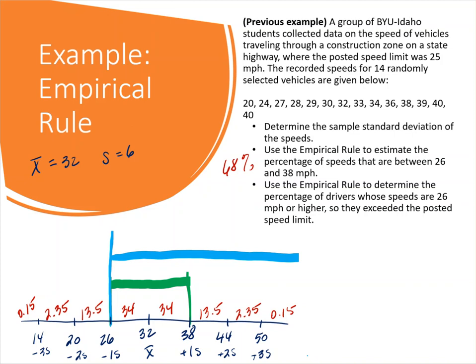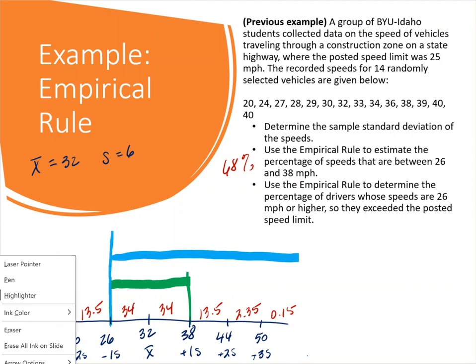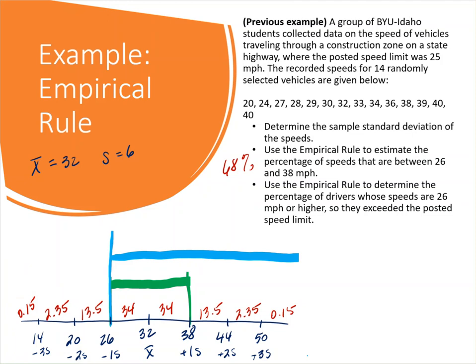Well, there are 2 ways to do that. I can add up 34, 34, 13.5, 2.35, and 0.15. All of those numbers add together to give me a total of 84%. So 84% is going to be above my 26 miles per hour. Another way you could have thought of this is I could have taken 100% minus what was below the 26 miles per hour, or in other words, what was left over.